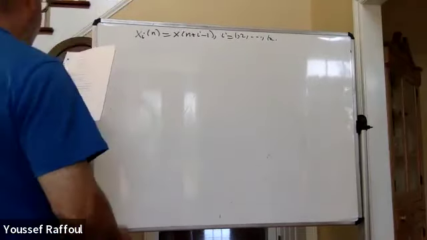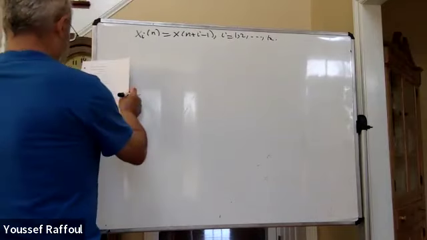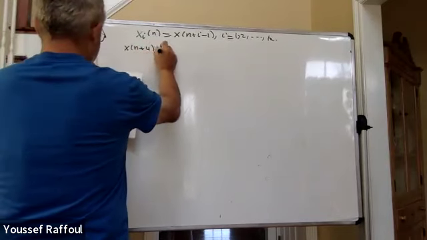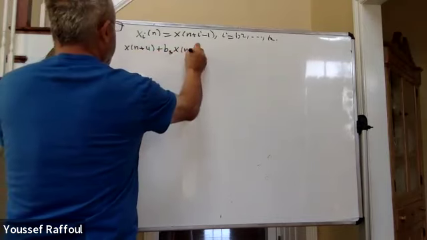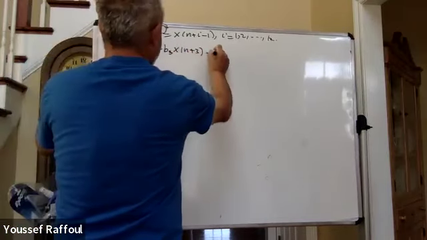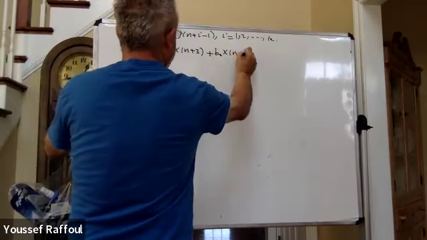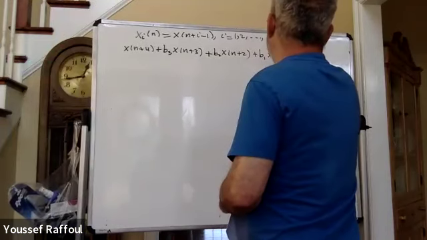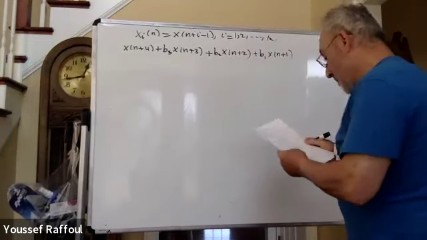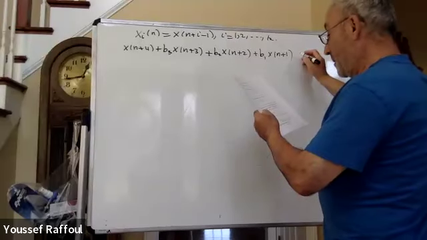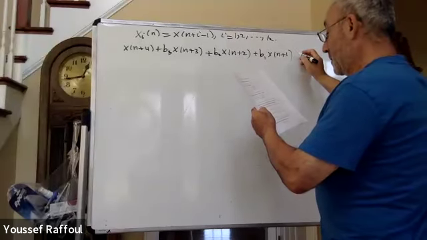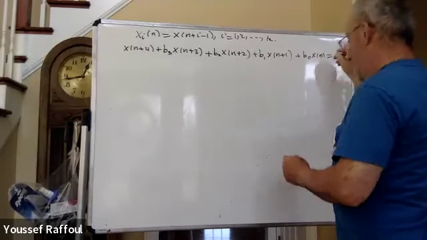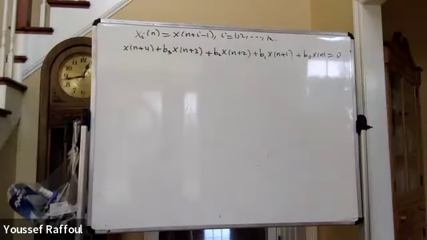So for example, let's have x of n plus 4 plus b3 x of n plus 3 plus b2 x of n plus 2 plus b1 x of n plus 1 plus b0 x of n equals 0.